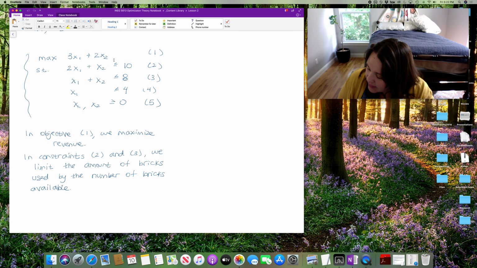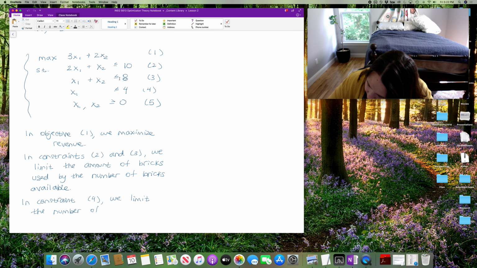Okay. Then in constraint 4, we're saying the amount of an item produced has to be less than or equal to the demand. So I can write that here. In constraint 4, we limit the number of teas produced by its demand.